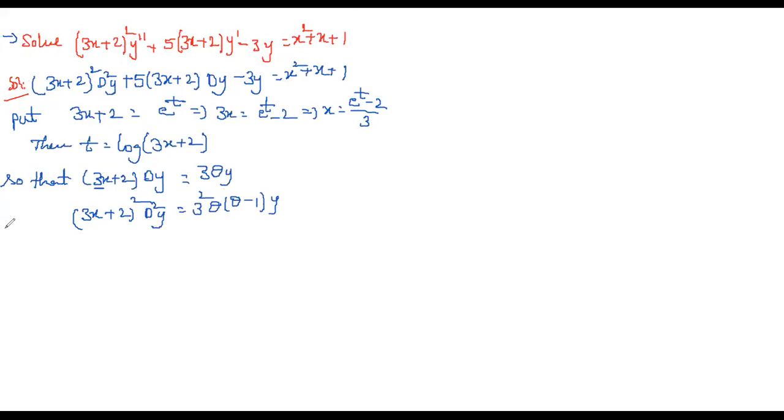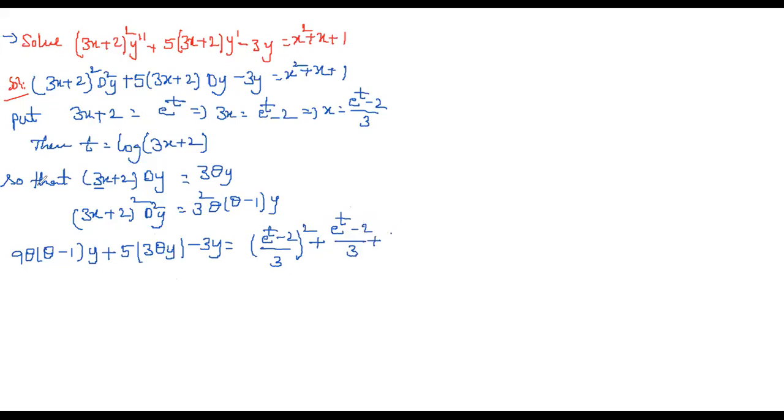So then we get 9 into theta into theta minus 1 into y plus 5 into 3 theta y minus 3y is equal to x square, that is e power t minus 2 by 3 whole square, plus x, that is e power t minus 2 by 3, plus 1. Don't forget about the constants if they are included in the problem.